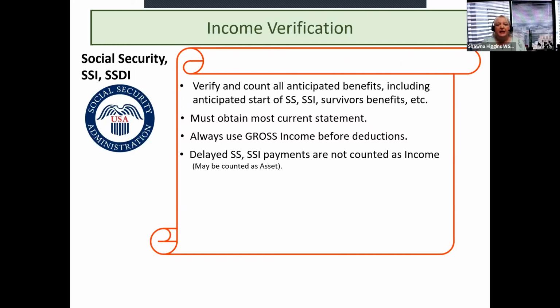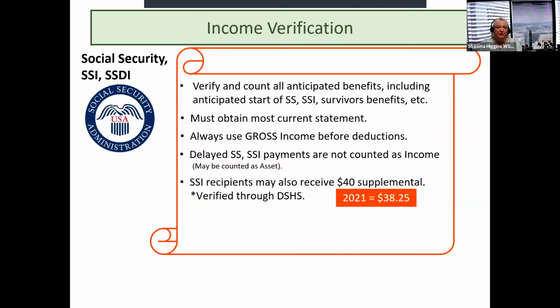And if there's delayed Social Security or SSI payments, those are not going to be counted as income because that's going to be a one-time payment. And they didn't know that it was going to be coming. If they do put it in their checking account, well, yeah, then it'll be counted as an asset. So Social Security or SSI recipients may also receive a $40 supplemental, which is verified through DSHS.